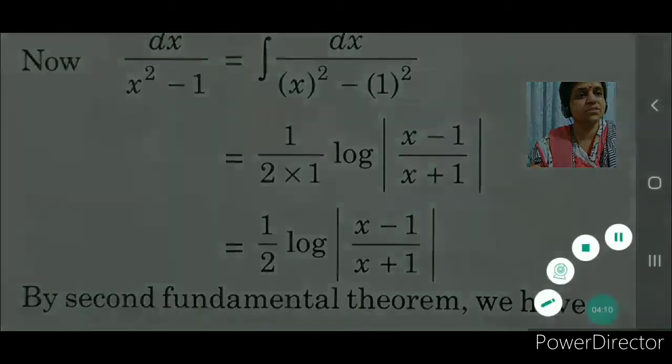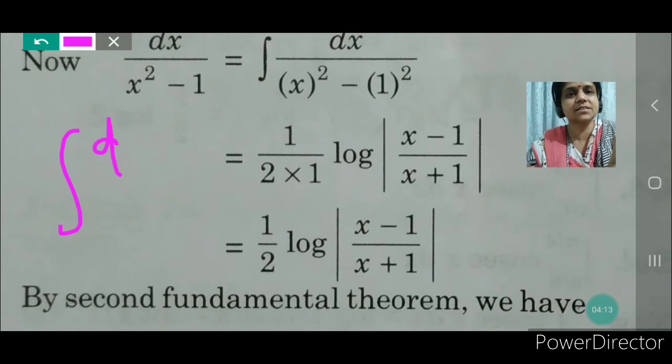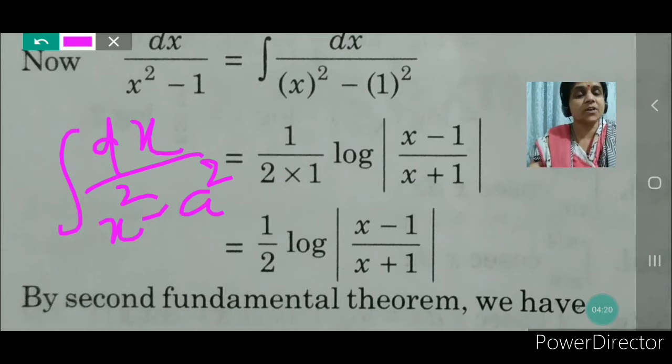Which formula, students? You know that the integral of dx by x square minus a square is 1 by 2a log mod of (x minus a) by (x plus a). Here a is 1, so it is 1 by 2 into 1 log mod of (x minus 1) by (x plus 1).